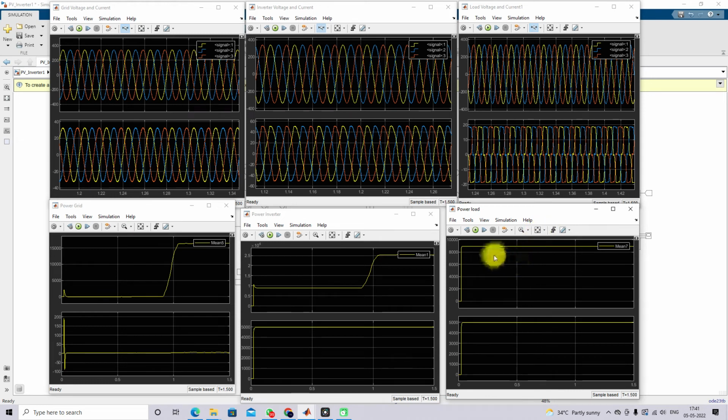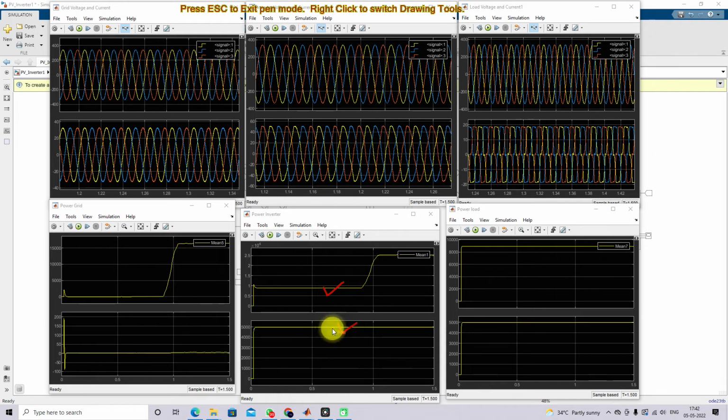Here you can see the load power is around 9000 watts and the reactive power is around 5000 watts. Now you can see the inverter power. Because of increasing the irradiation from 400 to 1000 watts per meter square, the power increased from 9500 watts to around 2.6 kilowatts, and the inverter will supply both real and reactive power.